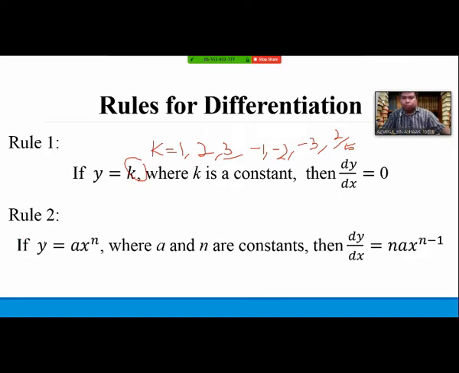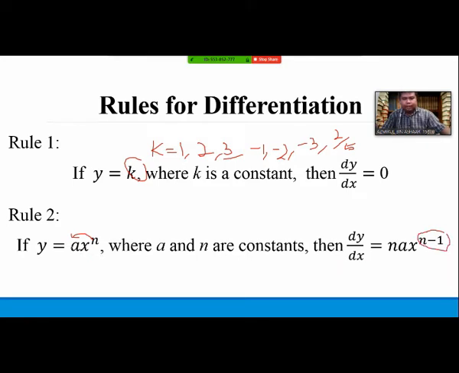For rule number 2, if you have y equal to ax power of n, where a and n are constants, any number a and n, which is either 1, 2, 3, 4, or something like that, when you differentiate it, the n here will move to the front, which becomes n multiplied with a, and x power of n will be n minus 1.